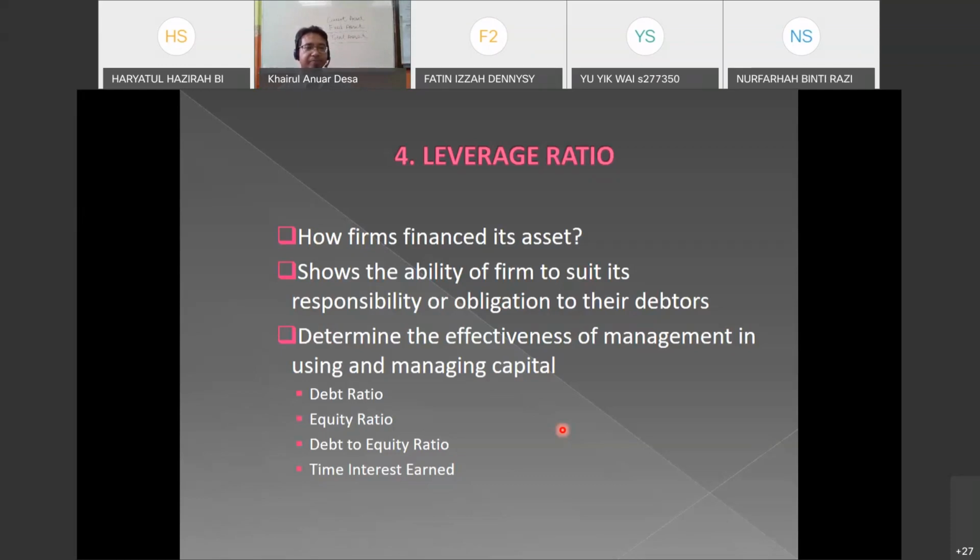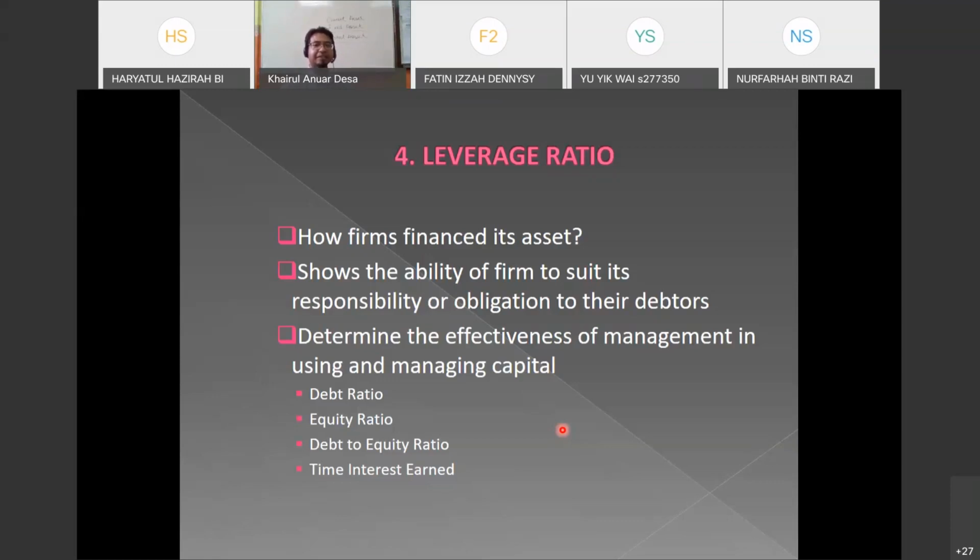Okey, secara amnya, apa maksud leverage? Leverage an investment strategy of using borrowed money. Borrowed money. Yes. Okay, meaning that debt. Yes, in short is debt. How we manage debt.